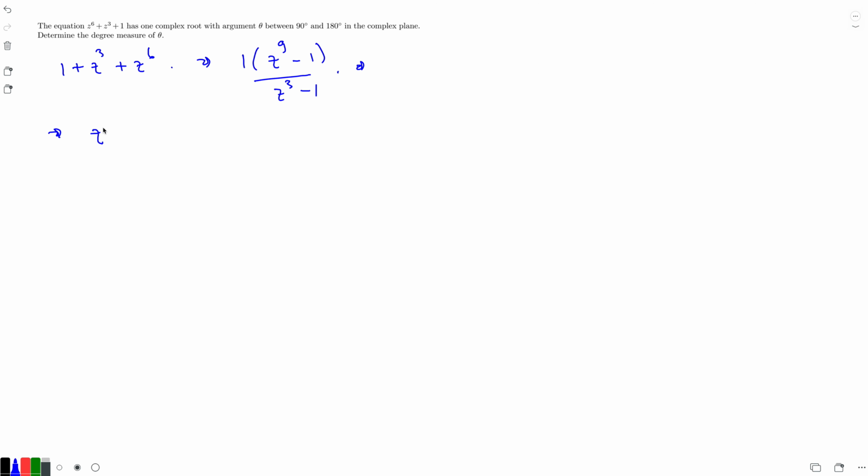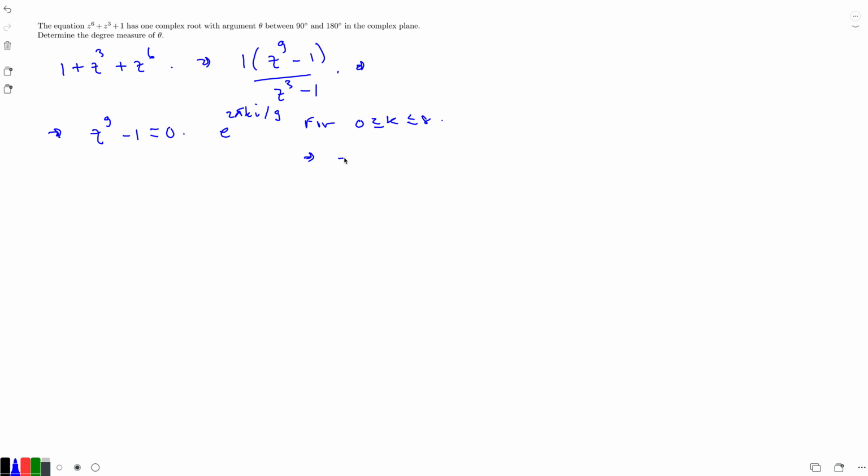So the solution to z to the power 9 minus 1 equal to 0 is e to the 2 pi k i by 9 for k from 0 all the way until 8. So let's list these.